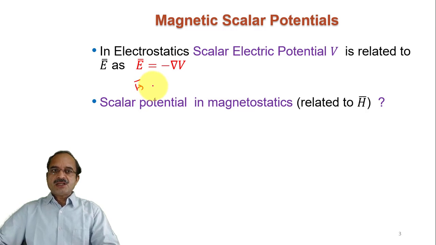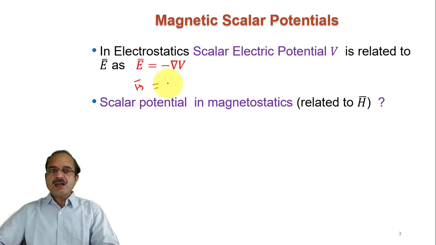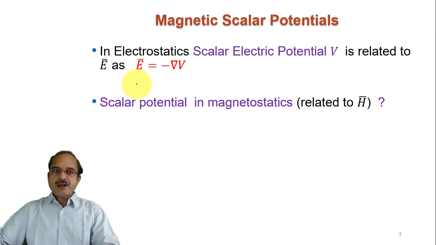This relationship is exactly similar to E equal to negative gradient of V. So in case of magnetic scalar potential, we write the similar equation as H equal to negative gradient of Vm, where Vm is the scalar magnetic potential.